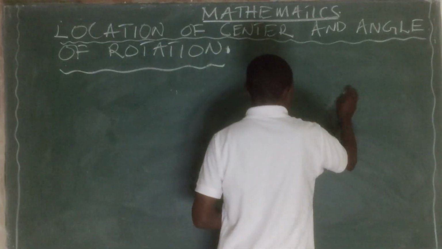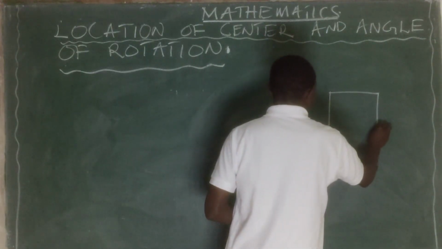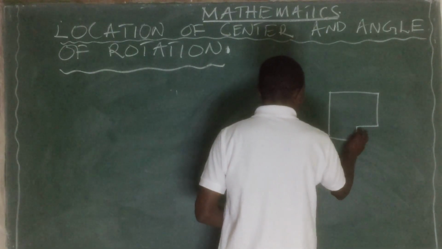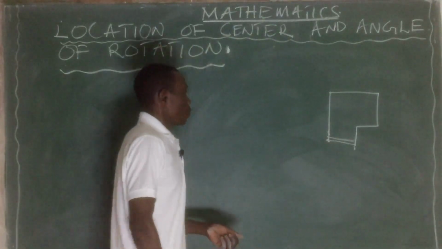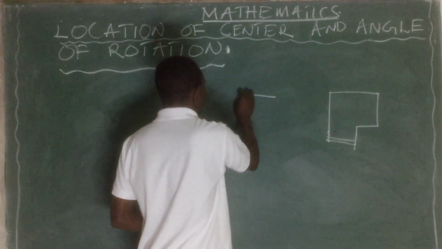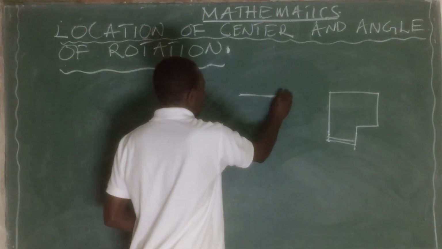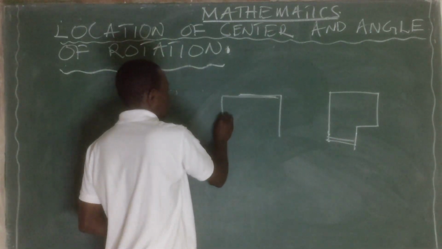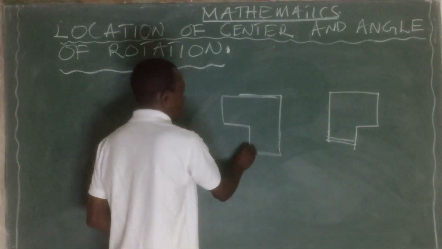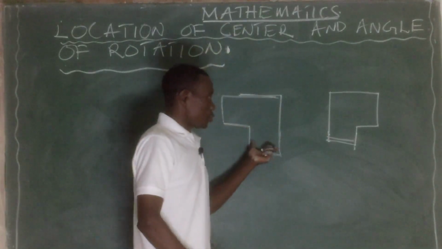So for example, here we have a figure of this kind that has been rotated to somewhere, and it comes to something like this. It has been rotated to that position.